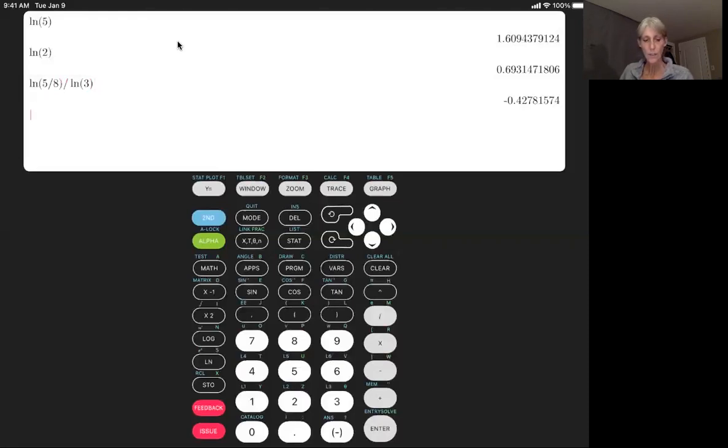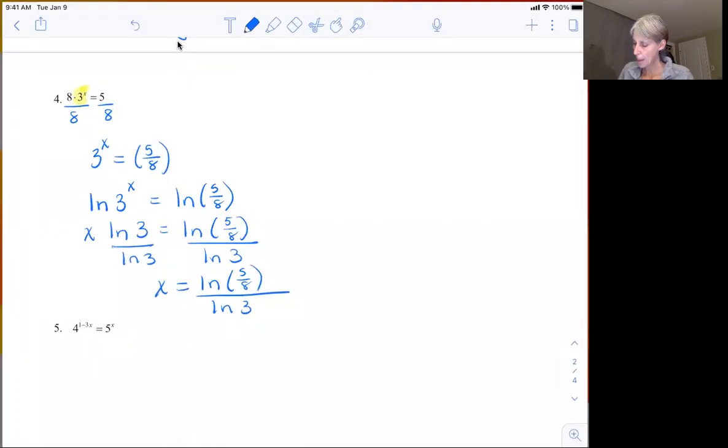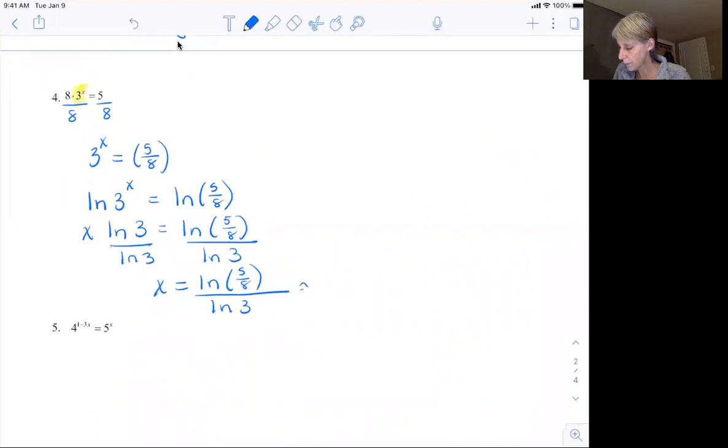And I get negative 0.428. And there's your final answer. I should write this a little bit neater, and more obvious there. I'm sorry about that. So that would be your answer.